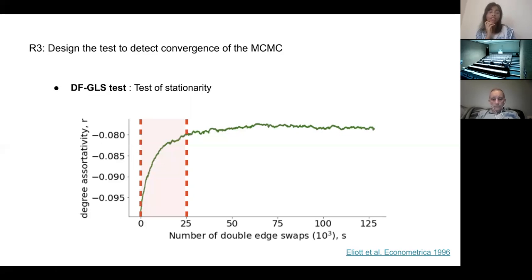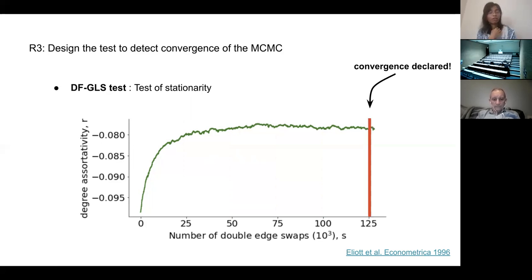If we are able to reject stationarity, we are going to slide the window further and then again do the test. We keep repeating this, sliding the window and testing, until the point where stationarity cannot be rejected anymore. And that's where we say that our method has detected convergence.